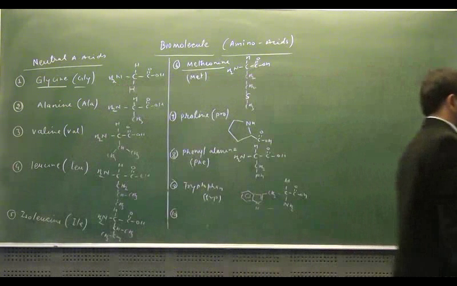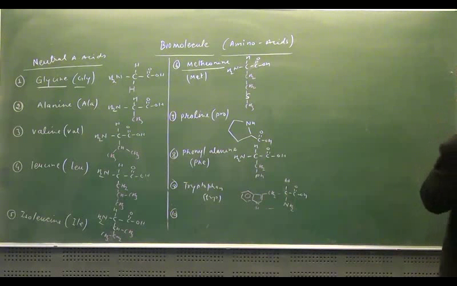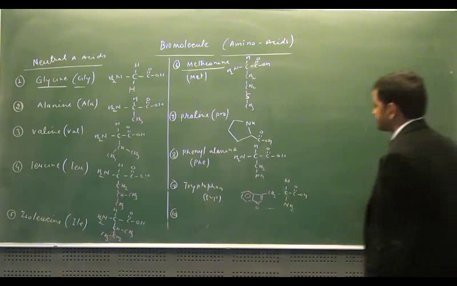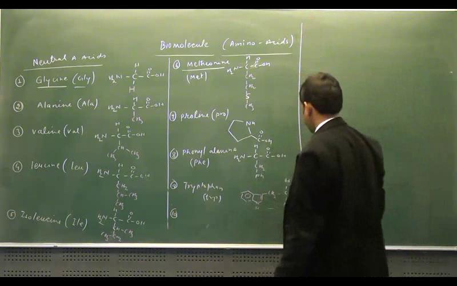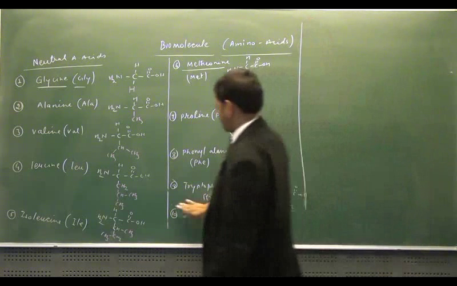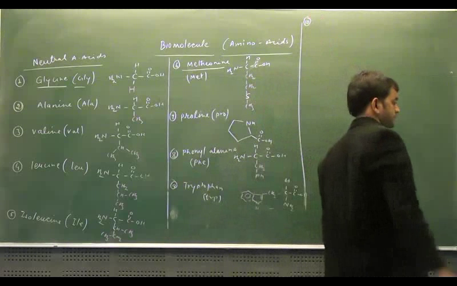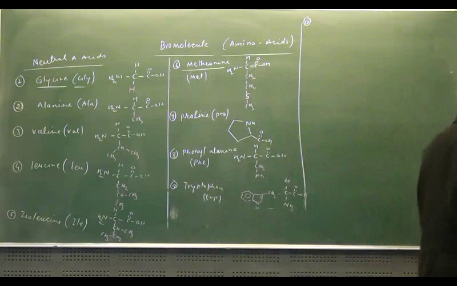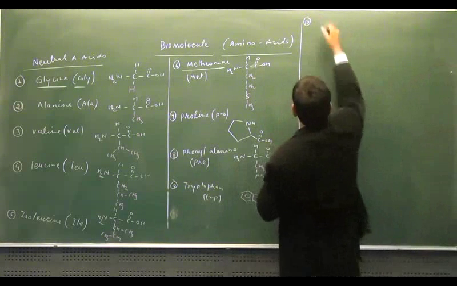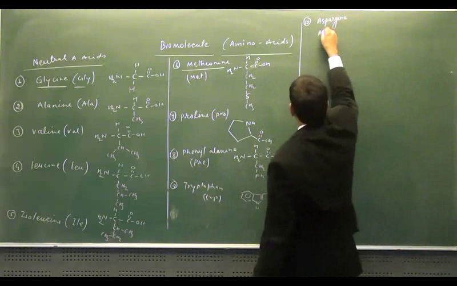After tryptophan it is asparagine, number 10, side chain it is asparagine, ASN.